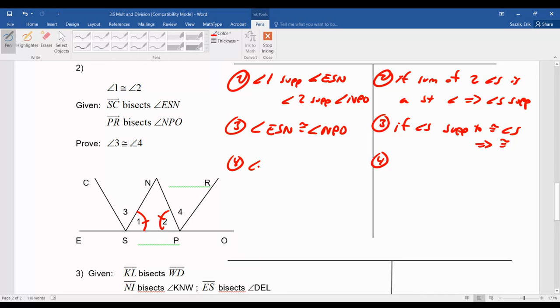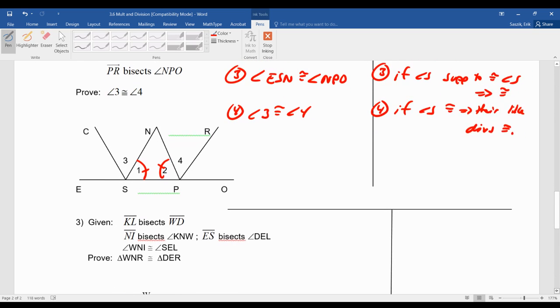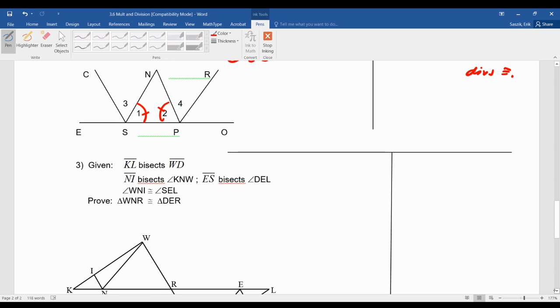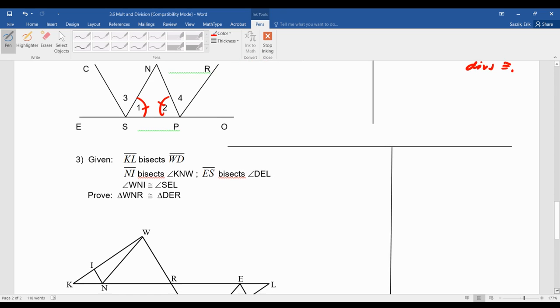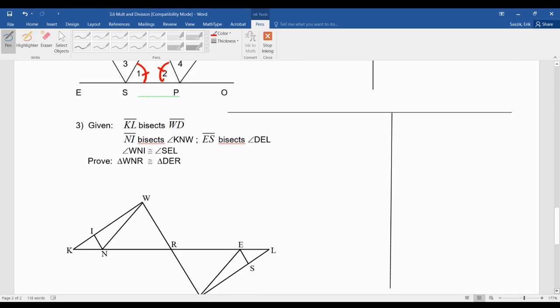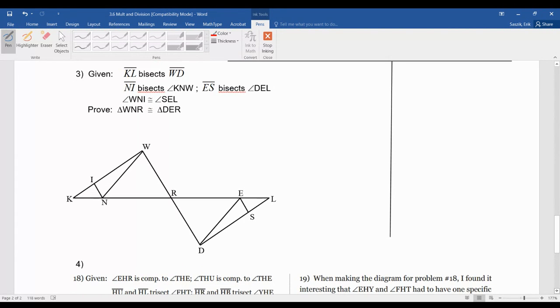We can say that angle 3 is congruent to angle 4, if angles congruent, then their like divisions are congruent. All right, I'm hoping that wasn't too bad. This next one's a little bit longer. Okay, a little bit more going on here.